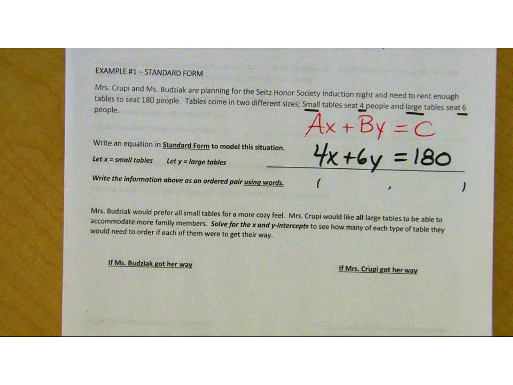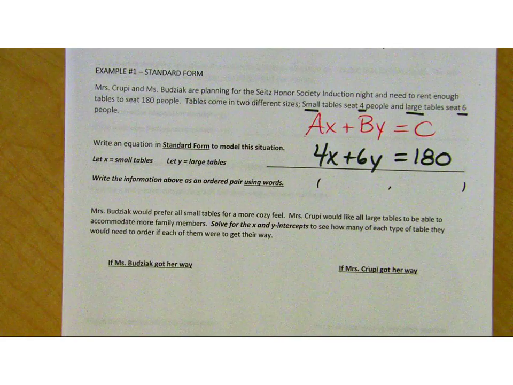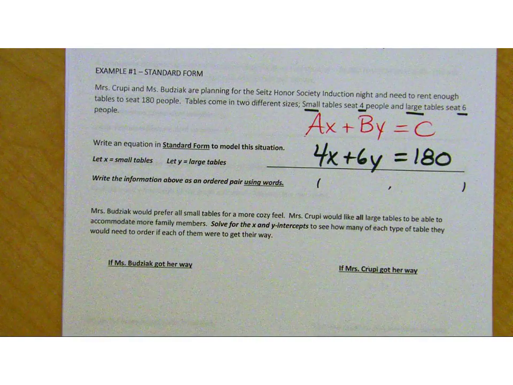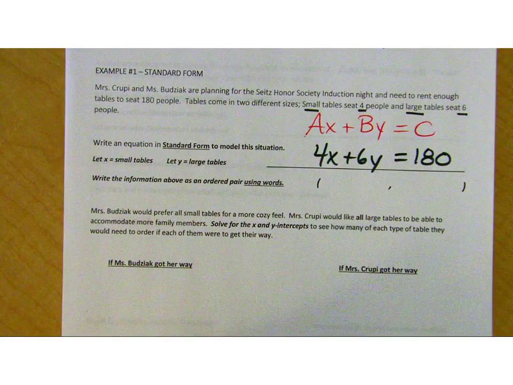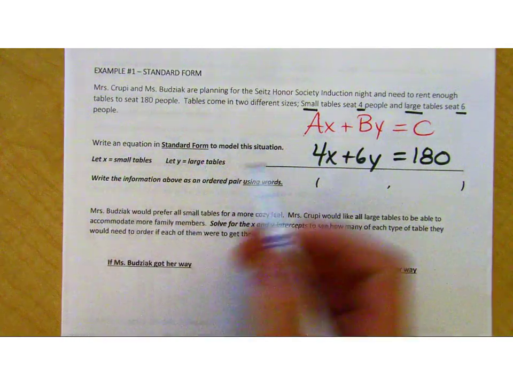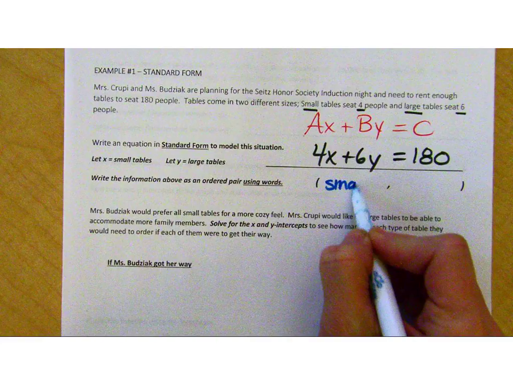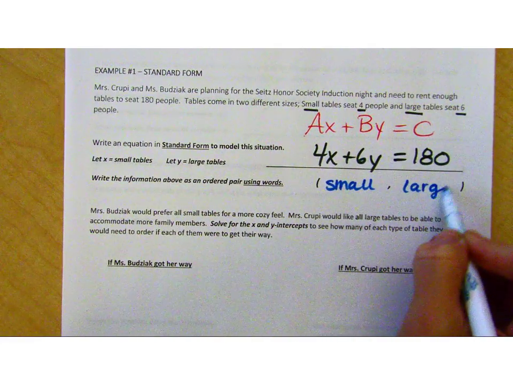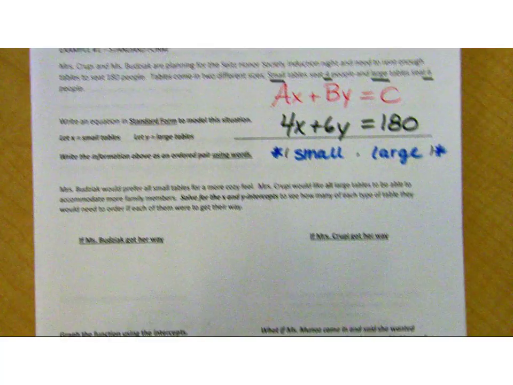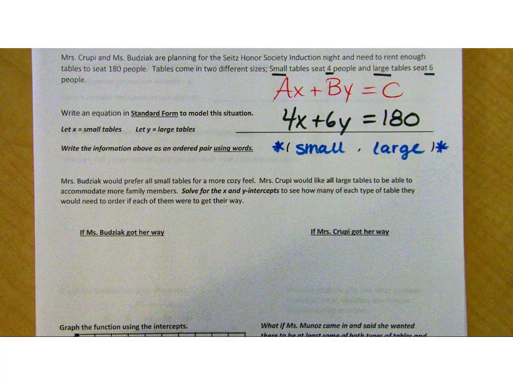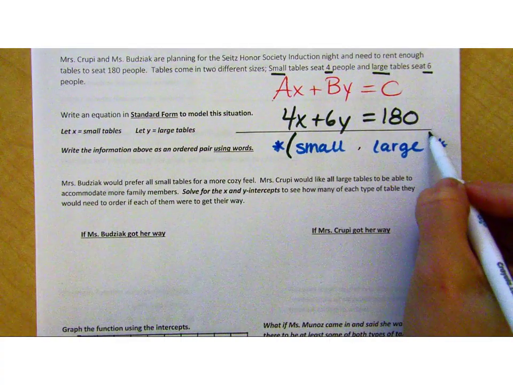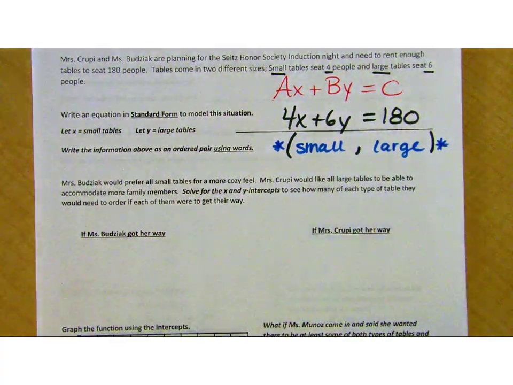The next thing I need you to know and do 100% of the time for a word problem: now that you know what you assigned X and Y to, write that right here in your ordered pair, because this is going to be a lifesaver. You'll see why. We're going to refer back to that often. So my X value represents the small tables and my Y represents large. All right, I got that up here.